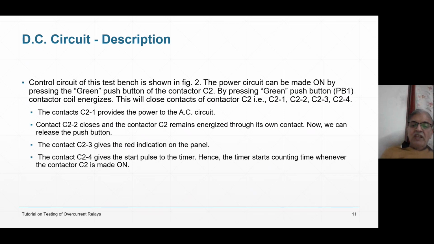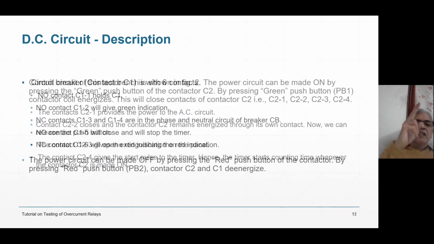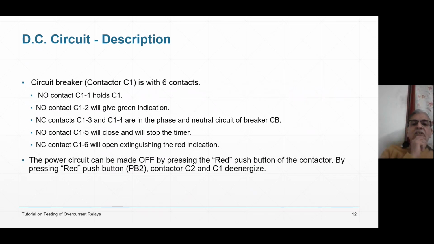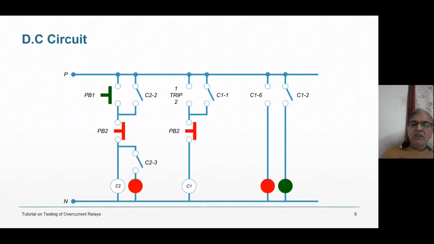And C1, what about C1? When will C1 operate? C1 will operate when the relay trips 1 and 2, that is, when the breaker trips.